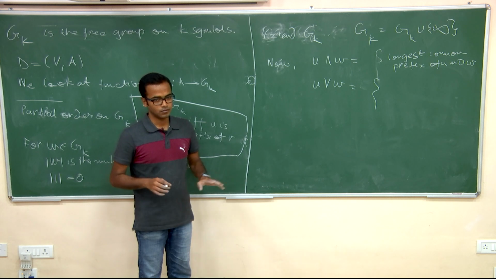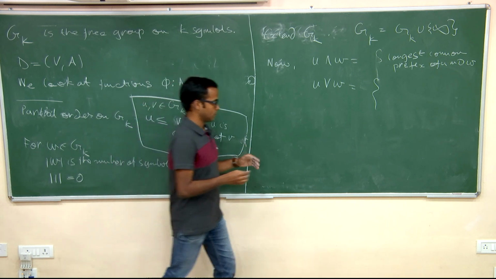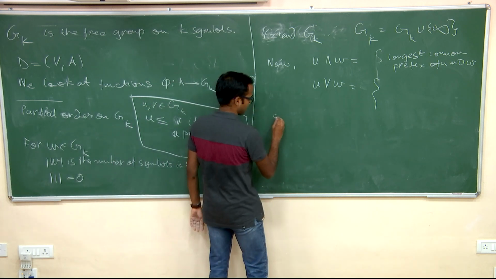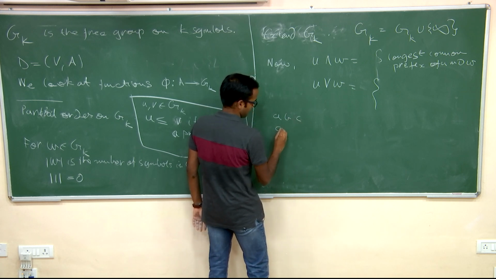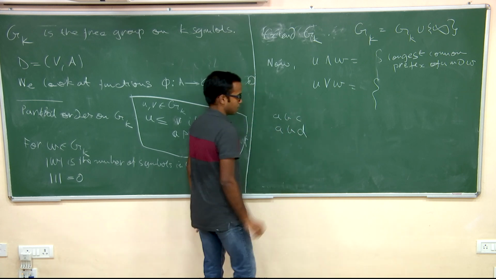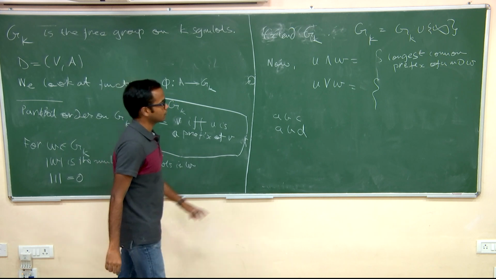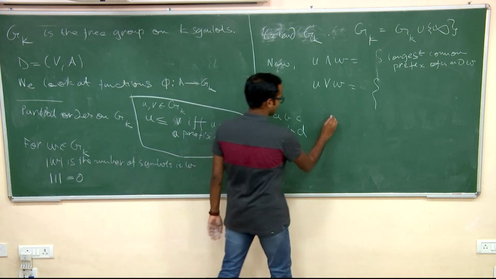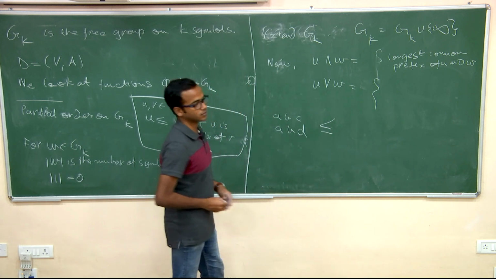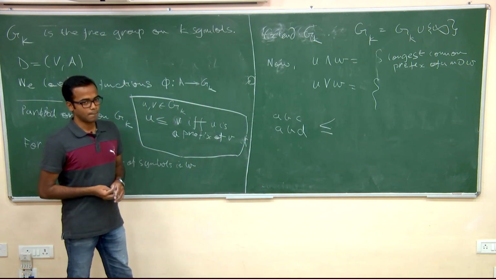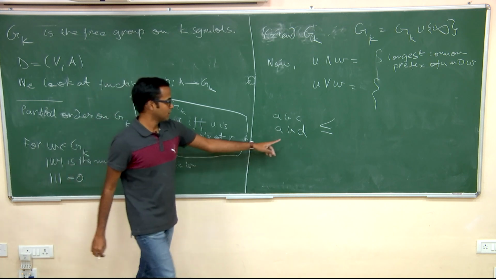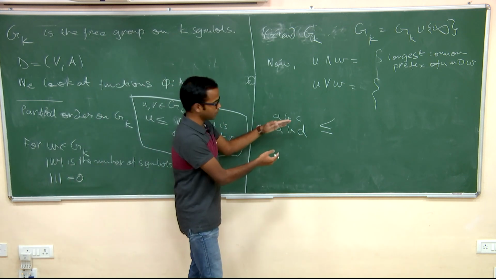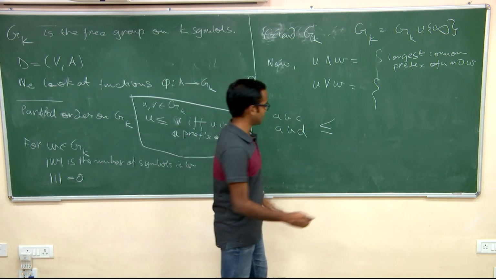What I'm saying is, U and W are these strings. Can there be a common element that is greater than both of them? No, because these two strings can't both be prefixes of anything, so the join is infinity, because we added the infinity.